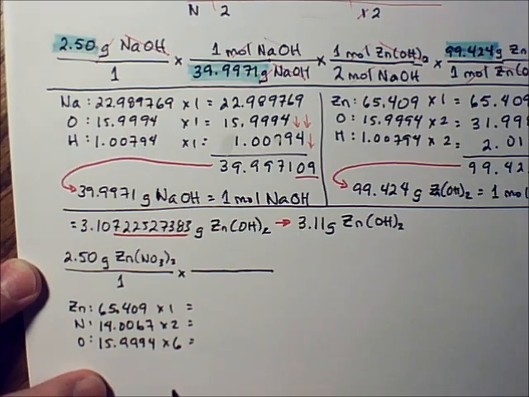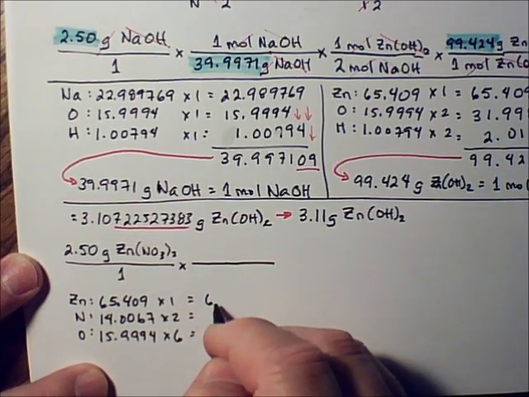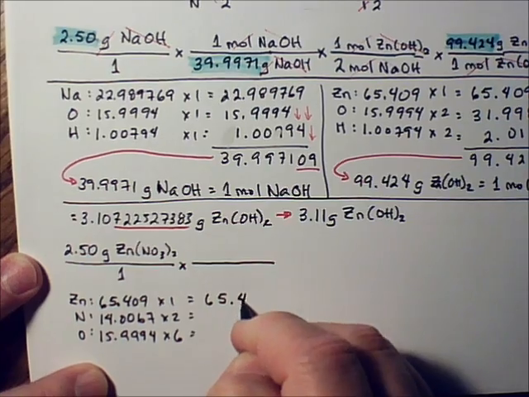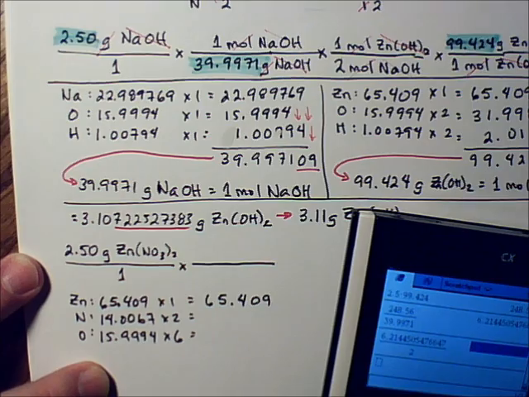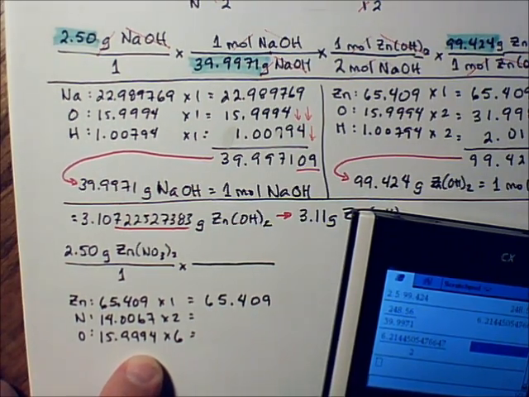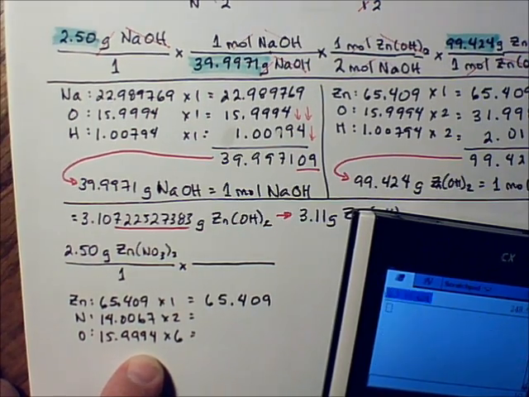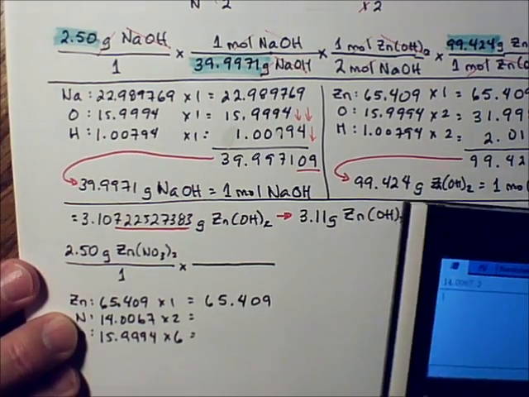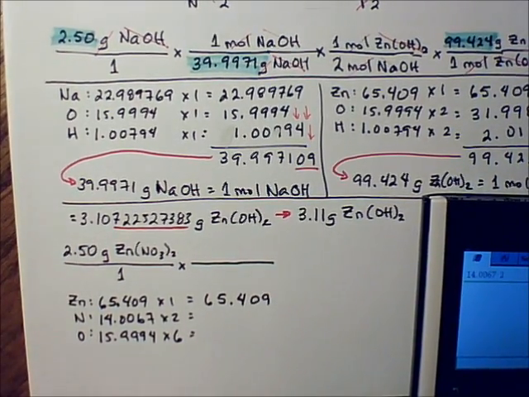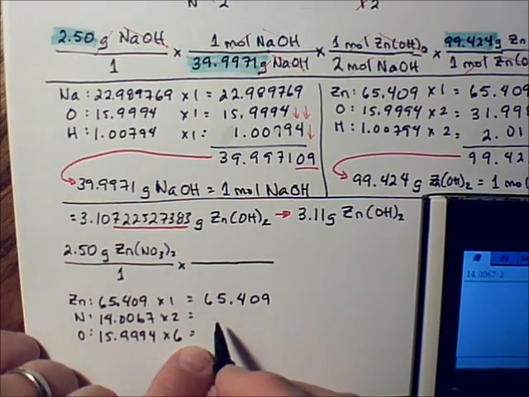Being careful to keep all the digits lined up neatly. 65.409. 15.9994. It would be helpful if you get out your periodic table and look it up for yourself, so you kind of get your mind in the habit of looking for those things. The more that you habitualize the kind of things you're doing for these calculations, the better equipped you are to solve the problems correctly on the test.